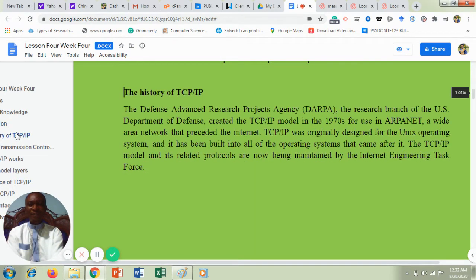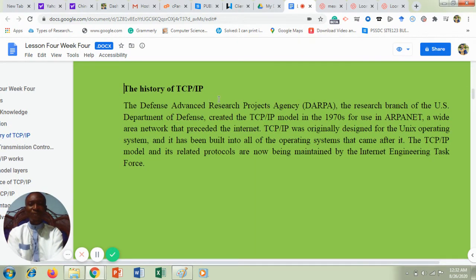Let's dig a little into the history of TCP/IP. This is a model that was developed in the 1970s, and basically is for use in the ARPANET. It was designed for the Unix operating system.